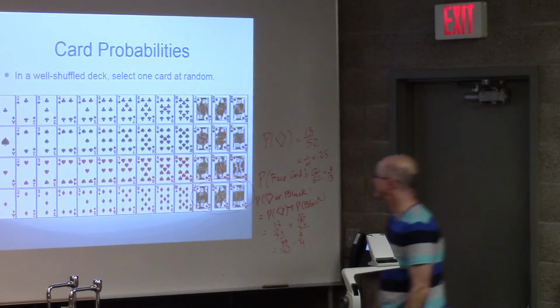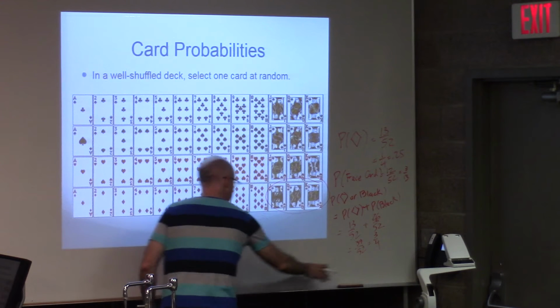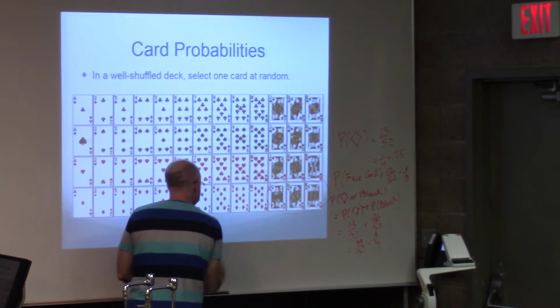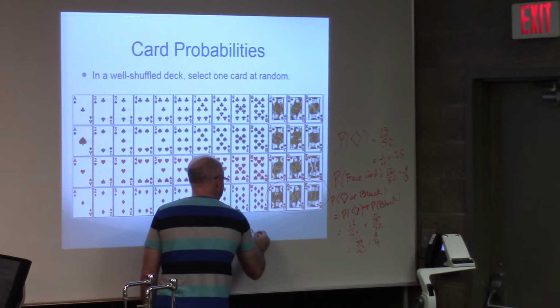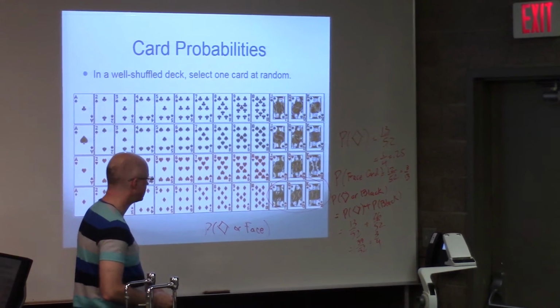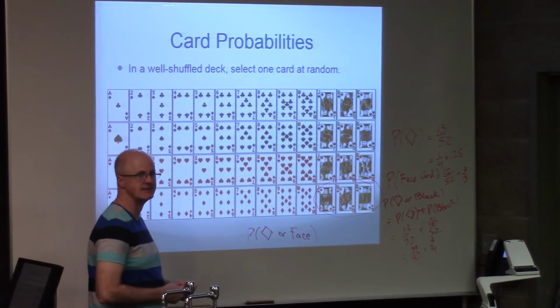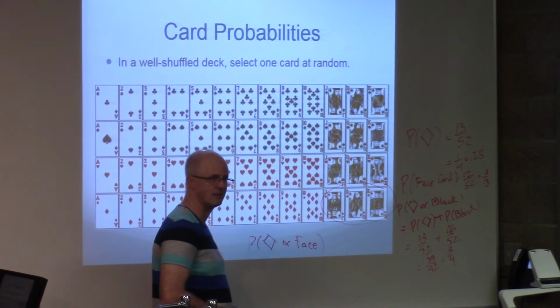The probability of getting a diamond or a face card is not equal to the sum of the probability of getting a diamond plus the probability of getting a face card. It's not the case, because there are 3 cards that are both.